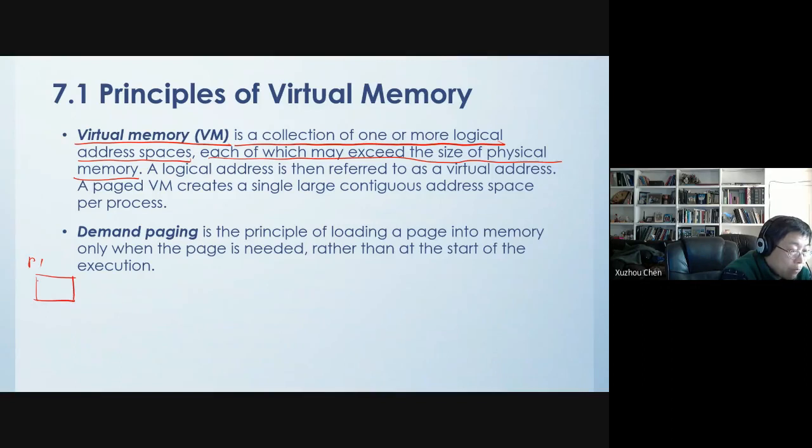Program 1, another program, program 2, another program, program 3. Nowadays, you may expect to see 100 or 200 programs running in a computer system.